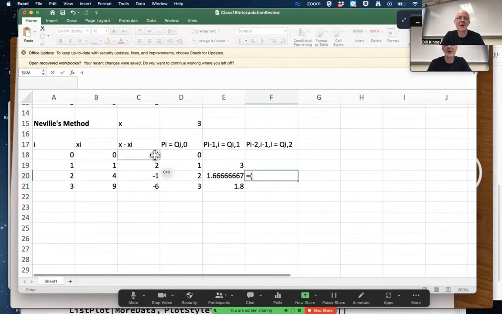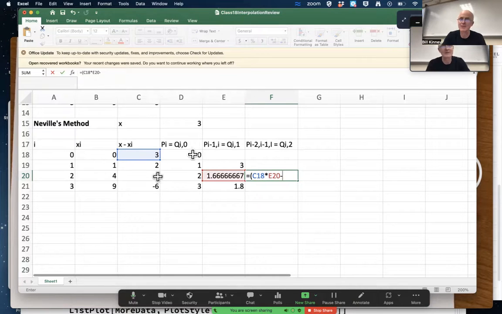You once again go x minus xi times a previous column's p-value. But you have to always start with the x minus xi in the i equals 0 row. That gets multiplied by this. And you subtract, but then when you do the other multiplication, you do not go up to here because there's a blank up there.